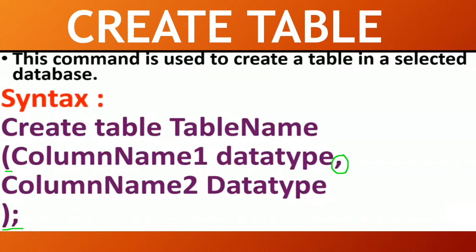Remember students, there is no limit for your columns, but a few questions come up: a table should have a minimum of how many columns? Children, the answer for this is 1. Yes, even with one single column you can create a table. Without any column there cannot be a table, but with one single column you can create a table.